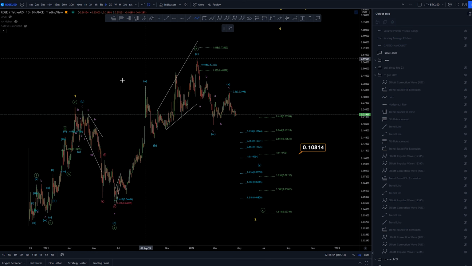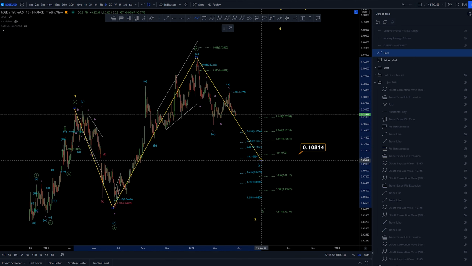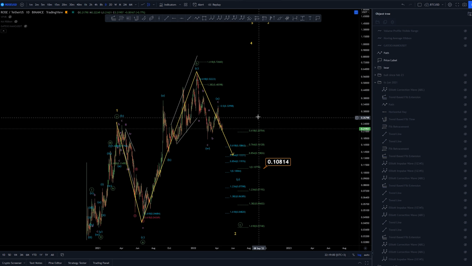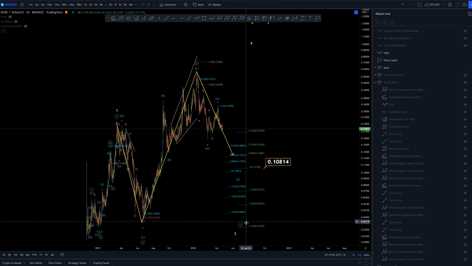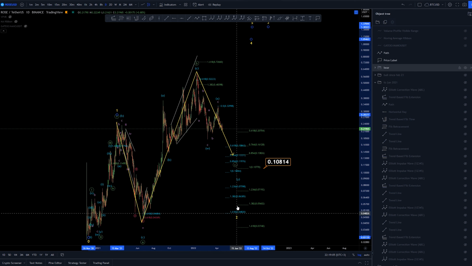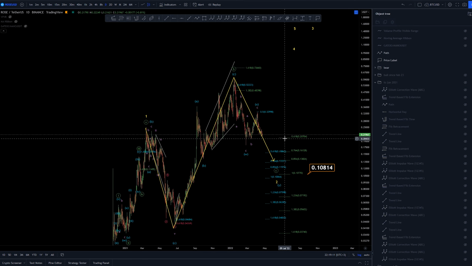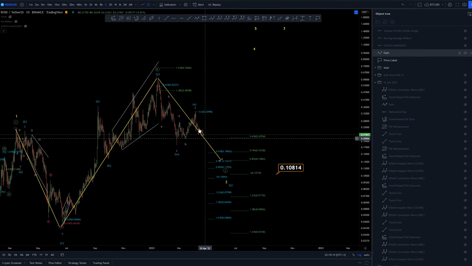At that point we would be creating this super bullish running flat, at which we could call this a wave 2 up here, and off we go. But again, we would need to be looking into the wave structure as it develops more.